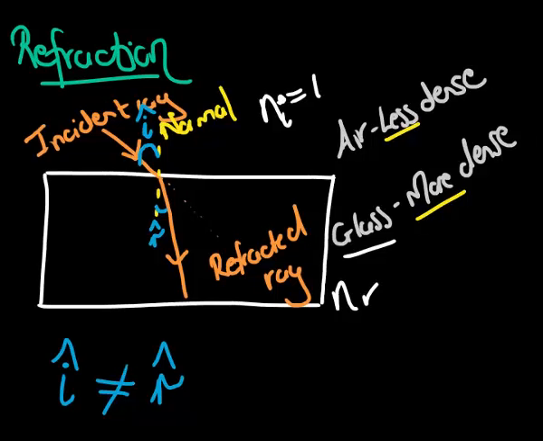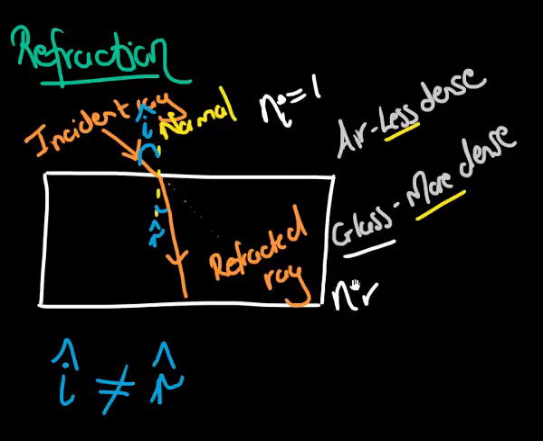Now the first property that we can deduce is that if the refractive index of the optical medium 1 is very close to the refractive index of the optical medium 2, then the angle of incidence will be pretty much just as big as the angle of refraction, because the refractive index indicates to us how much bending would occur.